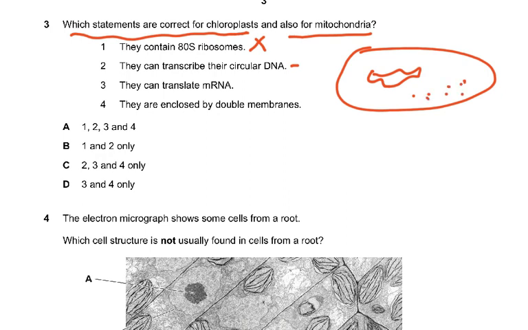So if they have 70S ribosomes, then transcription can take place. mRNA is made, and the mRNA will attach to the ribosome, and a protein will be made. They can translate mRNA, yes, because the ribosome is present where translation is going to take place, and they are enclosed by double membranes. So yes, 2, 3, and 4. So the answer is C for question number 3.